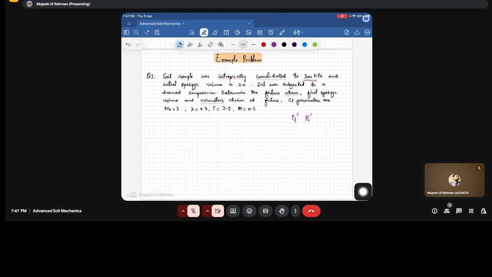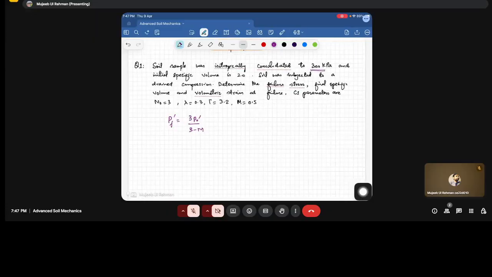We'll use that first. p'f equals 3 times p'0 divided by 3 minus M. This relates the failure stress with the consolidation stress.